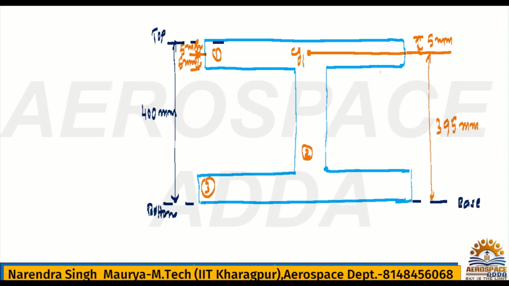We are calculating all CG locations from the base. Reference is base. Now for this section, if you combine it, the midpoint will be the CG location, and this CG location is nothing but CG2.